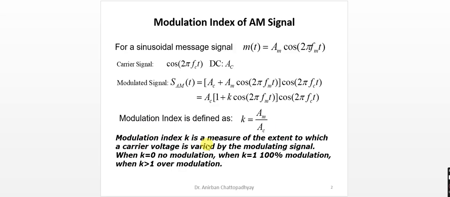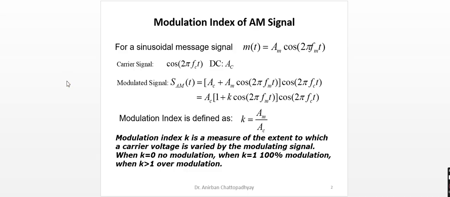That means the modulation index measures the extent to which the carrier voltage is varied by the modulating signal. When k is equal to 0, there is no modulation, k less than 1 is under modulation, and k greater than 1 is over modulation. Under, over and perfect modulation, I will explain later one by one.